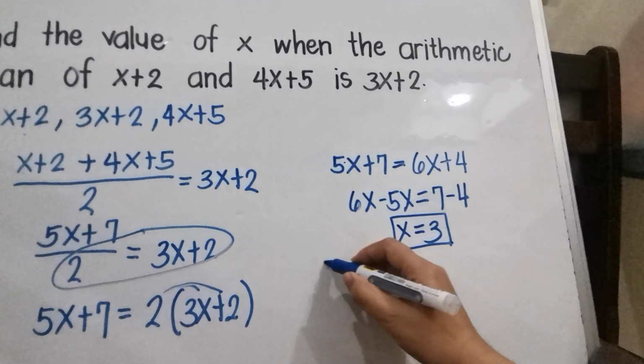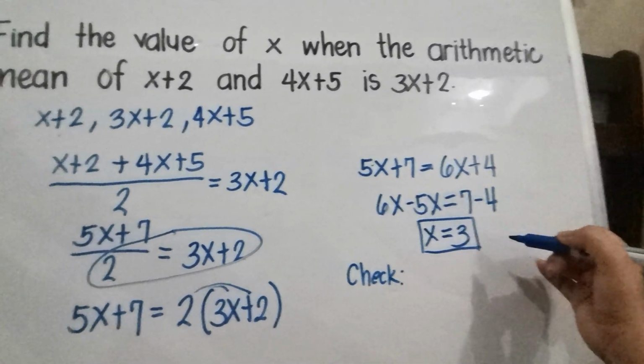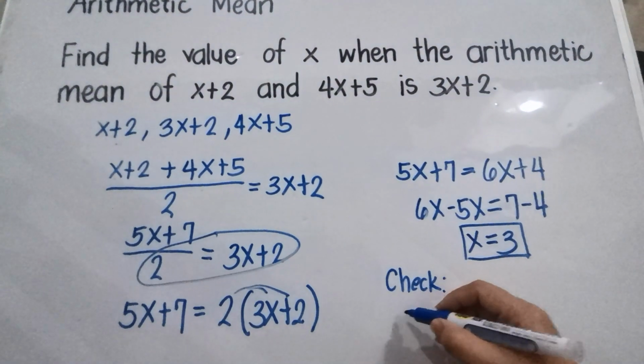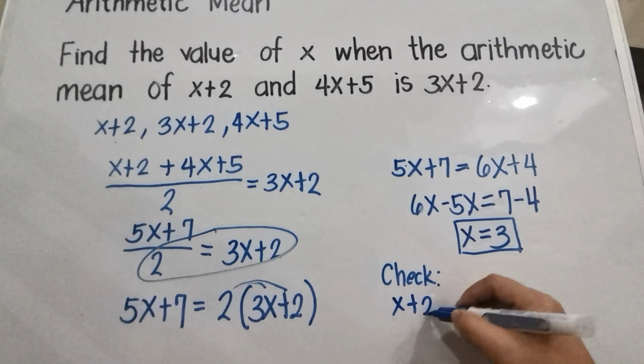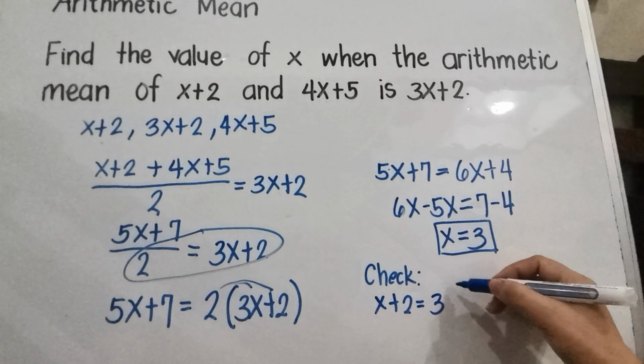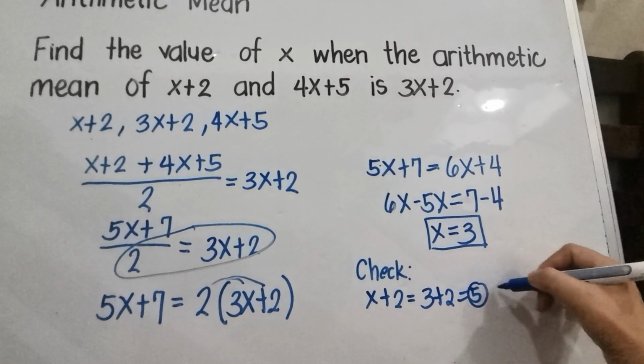Now if you want to check, we can substitute the value of x to each term. So first, it's x plus 2. If we substitute x by 3, that's 3 plus 2 equals 5. So this would be the first term.